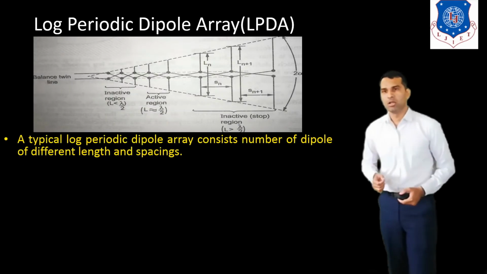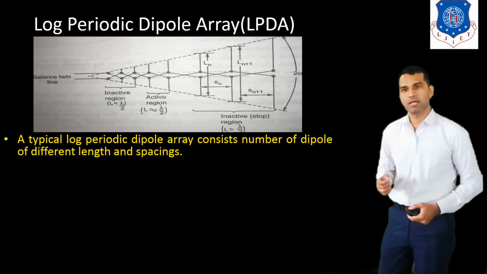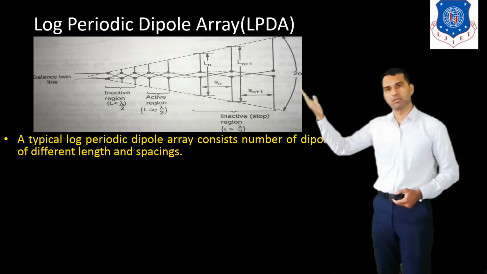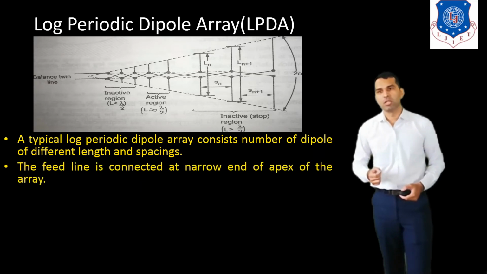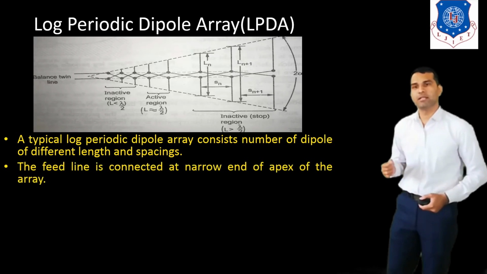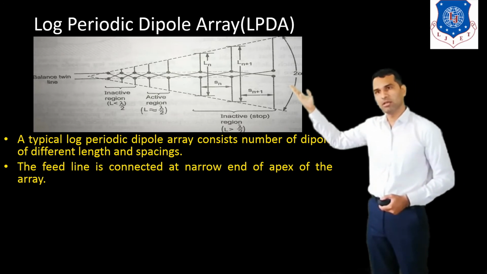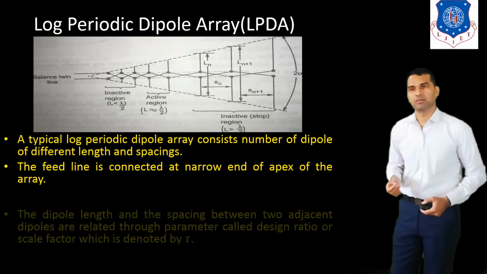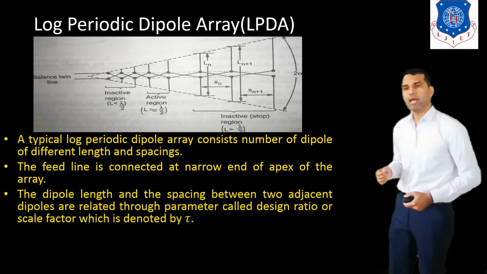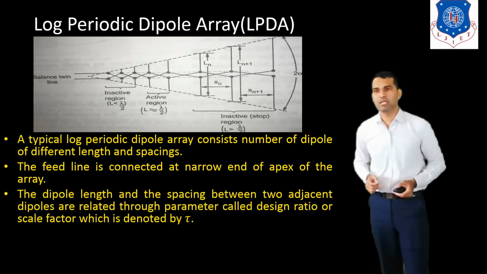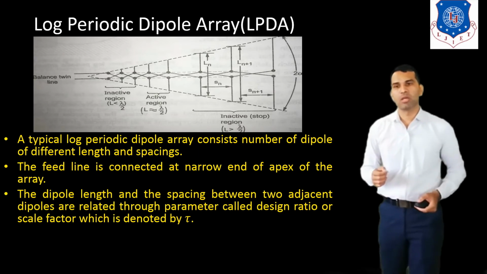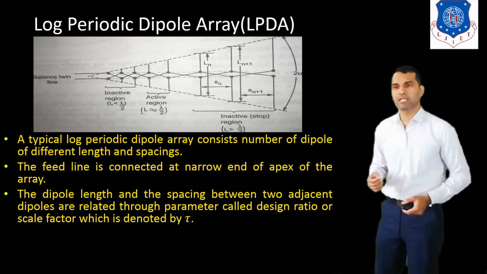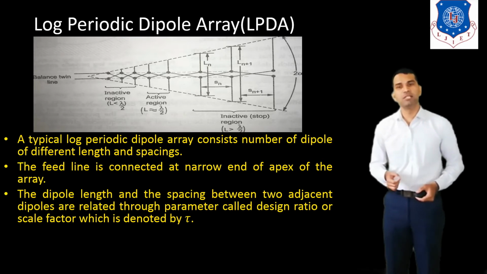A typical log periodic dipole array consists of a number of dipoles of different lengths and spacings. The feed line is connected at the narrow end. We can see in the figure, the feed line is connected at the narrow end, the apex of the array. The dipole length and the spacing between adjacent dipoles are related through a parameter called the design ratio, or in other words the scale ratio, denoted by tau.